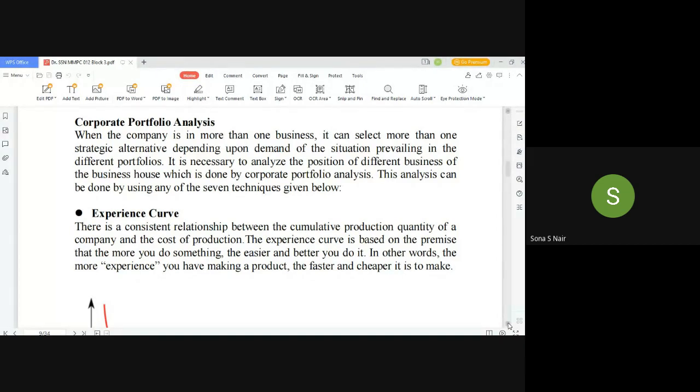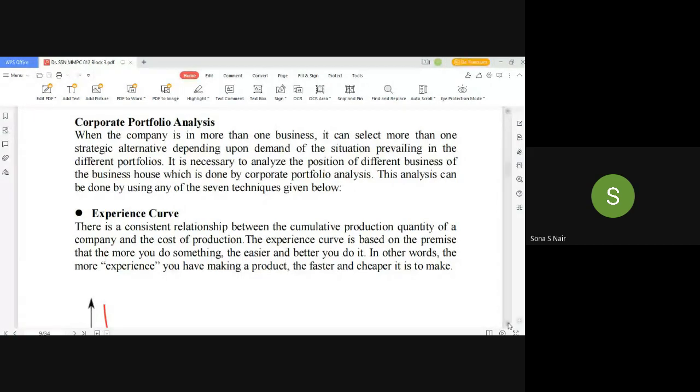kind of SBUs. So when it's a corporate house, when it's a big organization, they have these various divisions, they have these various SBUs. Not every SBU might be doing well in their own segments, in their own industries, in their own areas. So the organization needs to have some kind of a tool, because the organization has to allocate resources and they have limited resources which have to be divided among these SBUs.